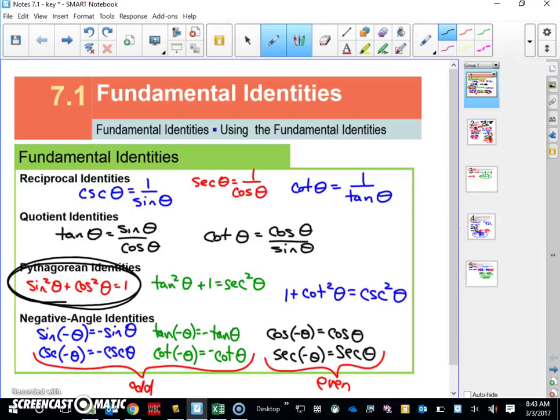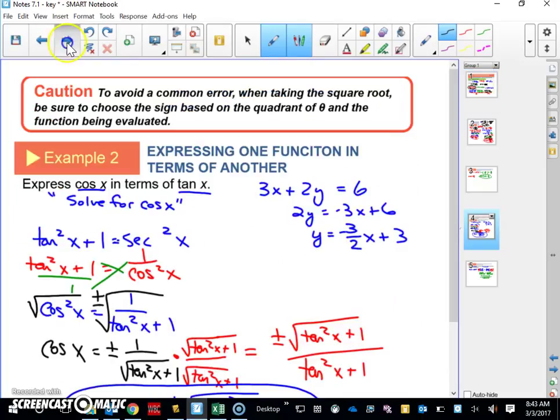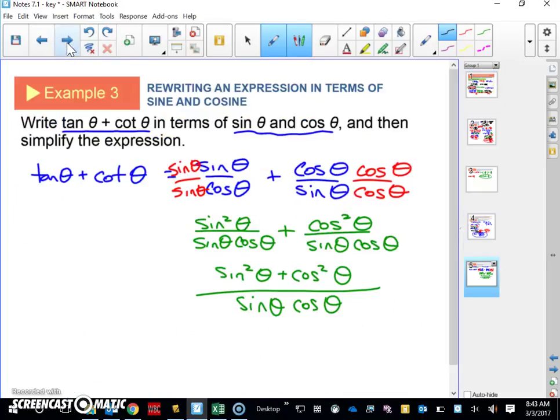Is there a way to simplify it? What does sine squared theta plus cosine squared theta equal? 1, right? Sine squared theta plus cosine squared theta equals 1. That was that identity. And so what we have now is 1 over sine theta cosine theta.